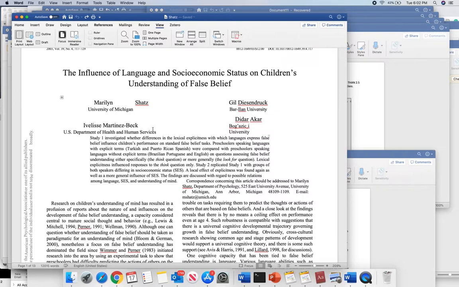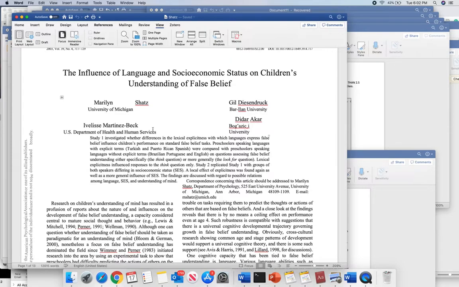Preschoolers speaking languages with explicit terms, Turkish and Puerto Rican Spanish, were compared with preschoolers speaking languages without explicit terms, Brazilian Portuguese and English, on questions assessing false belief understanding, either specifically the think question or more generally the look for question. So that's probably a little confusing to you.